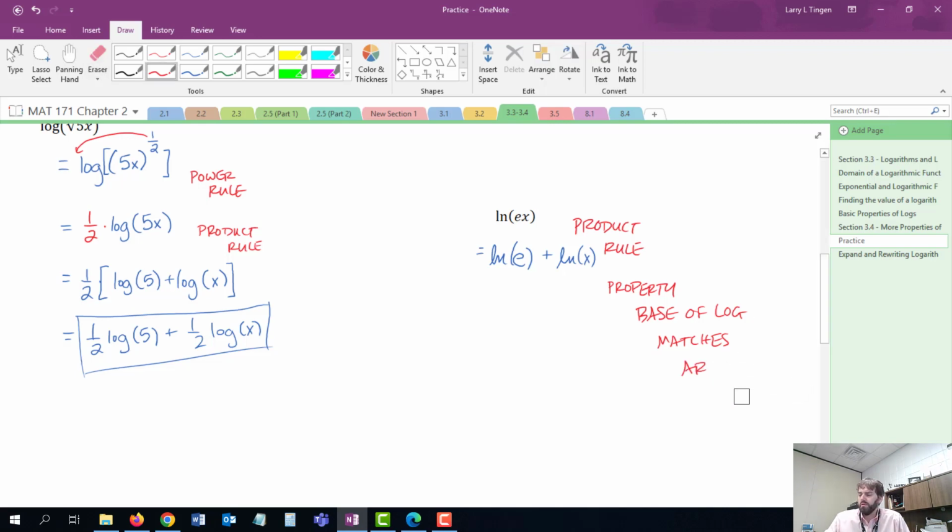And I forgot to spell argument there for a second. All right, now what do I mean by that? Take a look, natural log of e. What is natural log? That's log base e, right? It's not blatantly obvious if you don't write log base e of e.